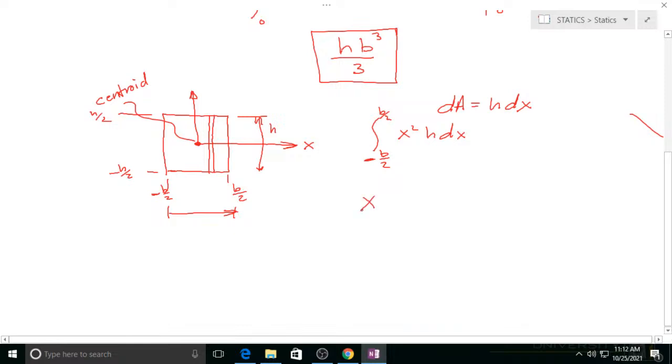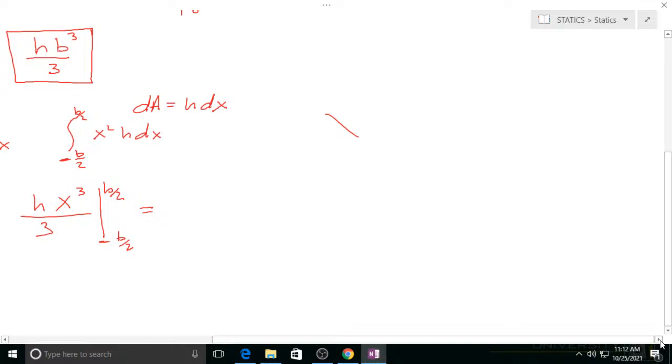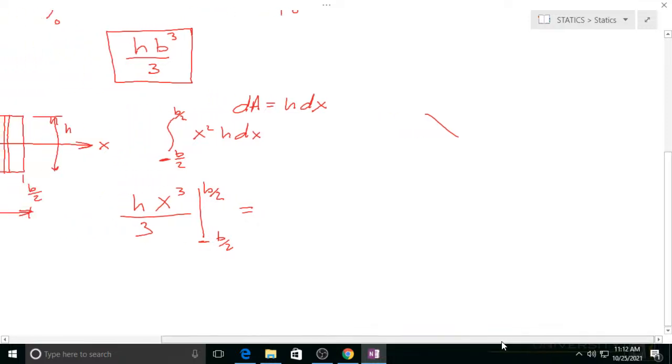Ends up being minus b over 2 and b over 2 ends up being h, and I'll just put the 3 there, 2 to the third, and then minus to the third.